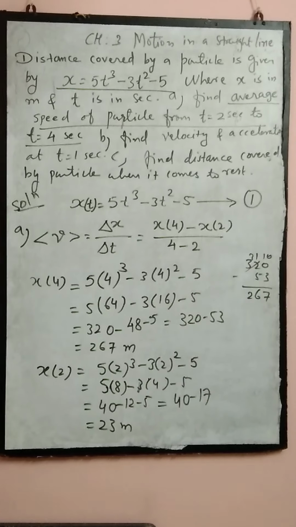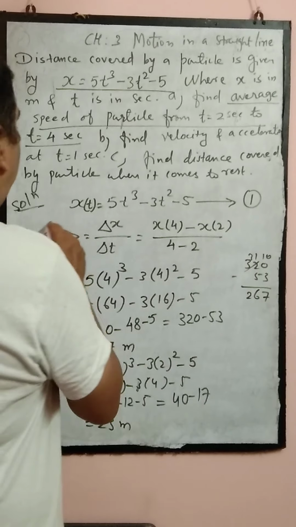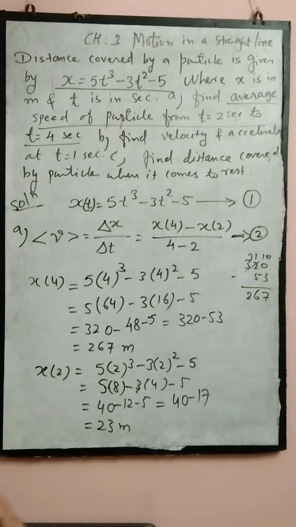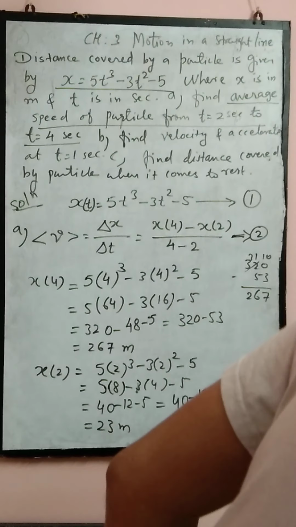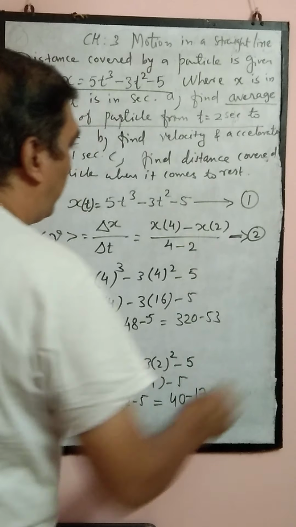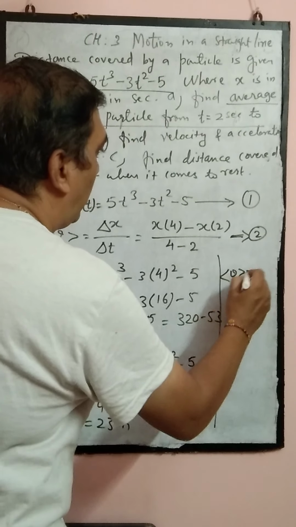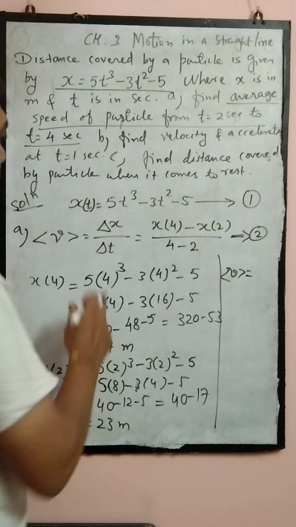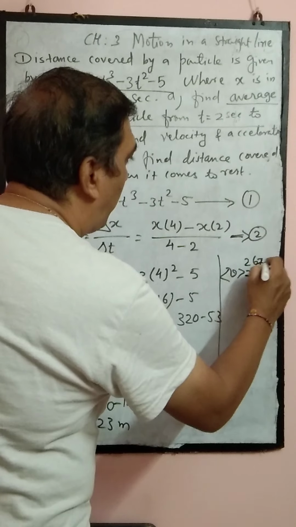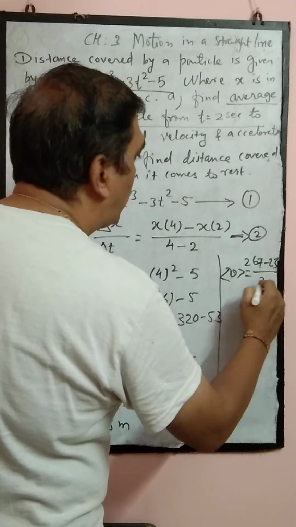Now the values of x4 and x2 are to be substituted in the formula. Let's say this is equation number 2. So substituting the values in equation number 2, what will we get? Average v is equal to 267 minus 23 divided by 4 minus 2, that is 2, right?